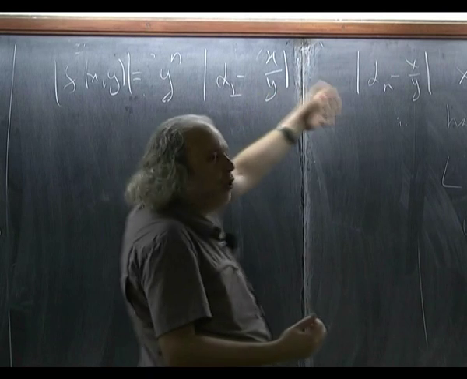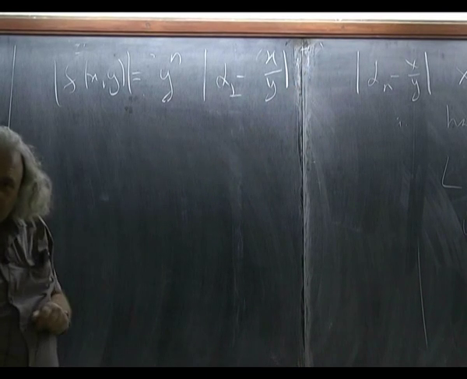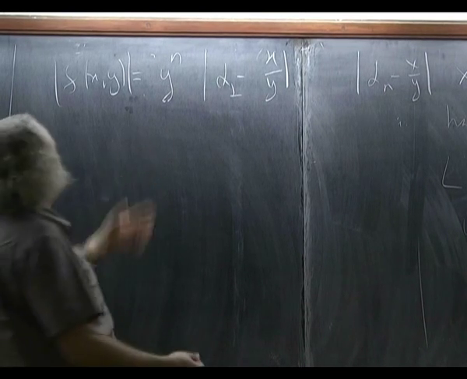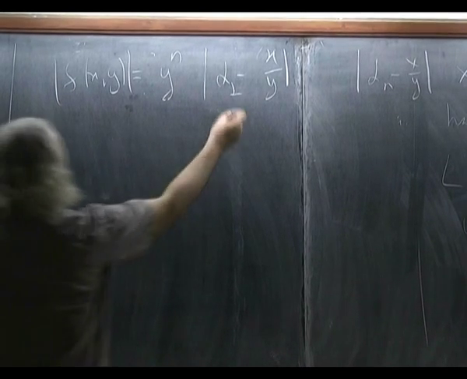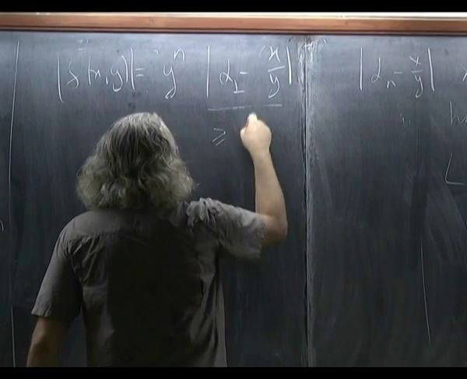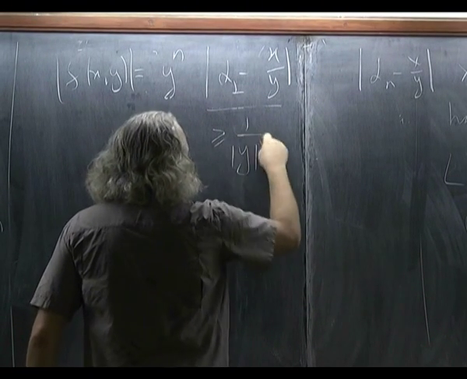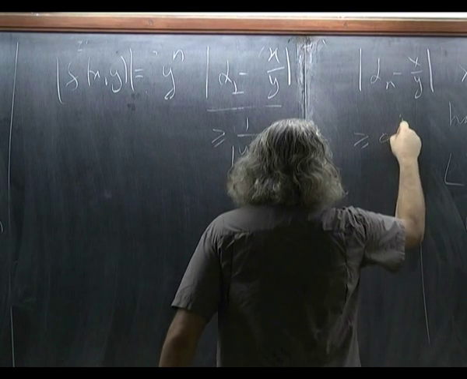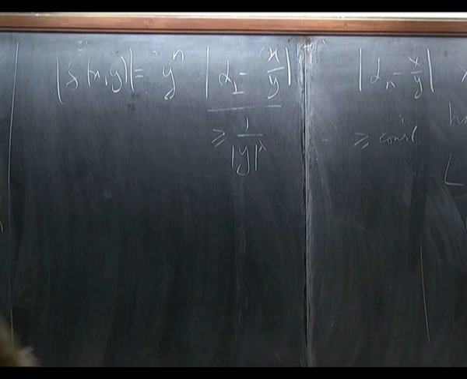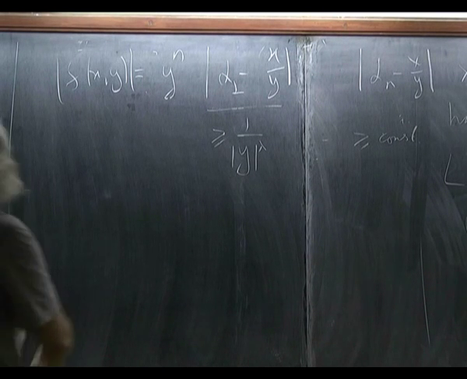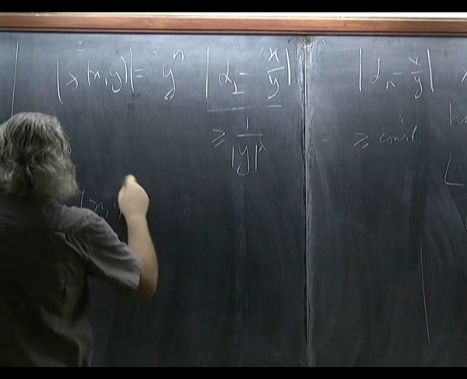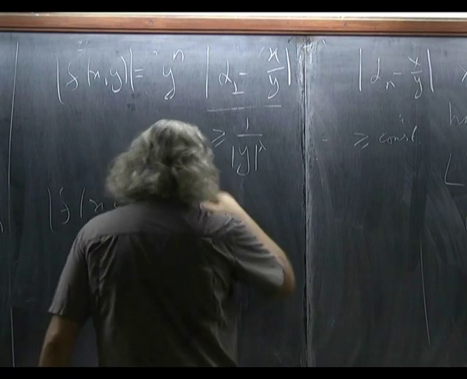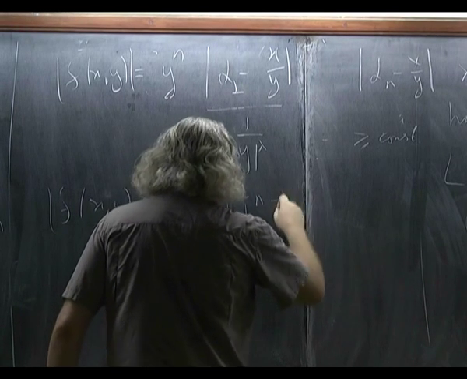So one can be small and the others are bounded from below by some constant, separated from 0. And so f of x, y is at least some constant times y to the power n minus lambda.